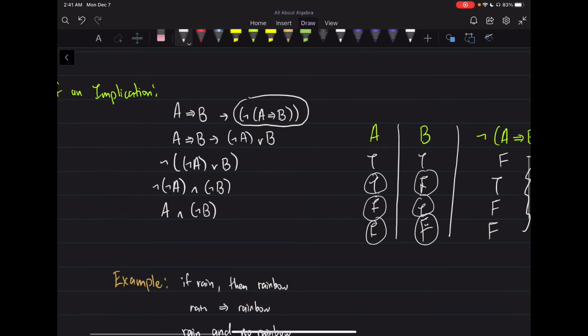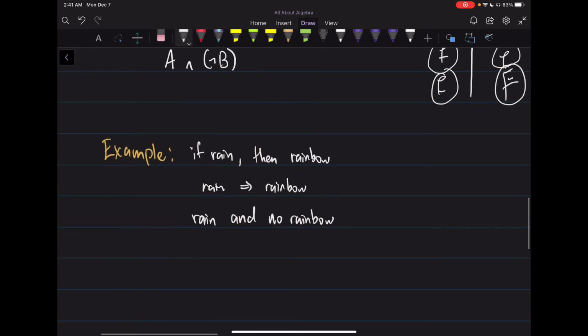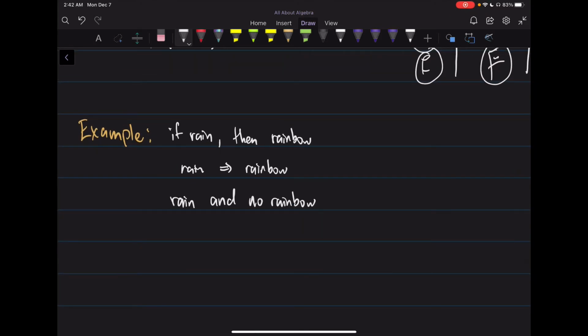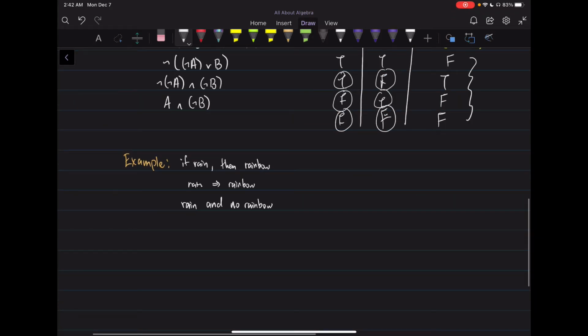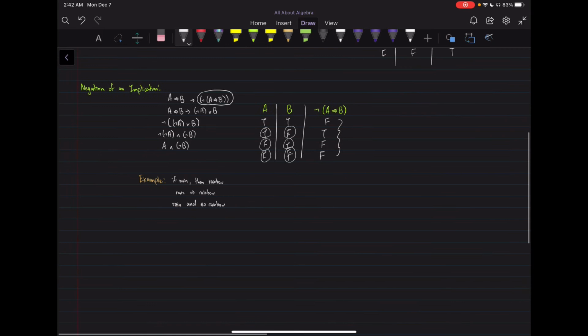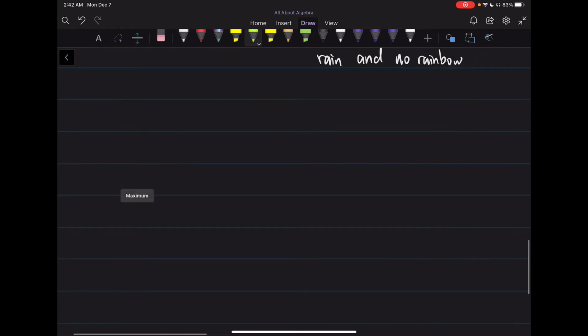So earlier we're basically saying if it rains, that means there will be a rainbow. And now what we're saying is it'll rain and there's no rainbow. So earlier we were saying if it rains, there will be a rainbow. Now we're saying it rained, but there's no rainbow. So it's kind of like a reverse situation of what we had earlier, if that makes sense.